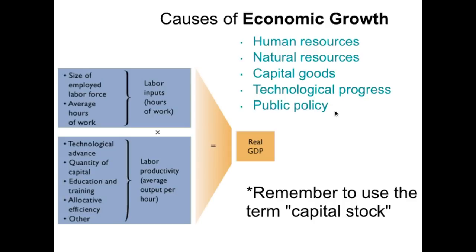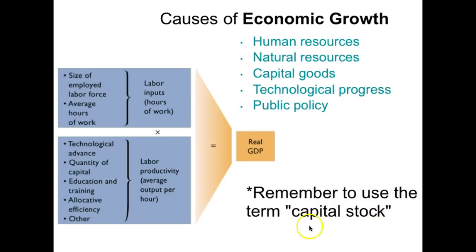One thing to remember on the AP test is when you're talking about economic growth and you're making the connection between, for example, low interest rates and increased investment, and you're making that connection to growth, make sure that you note that the investment is in capital goods and that when a firm is investing, that is adding to the capital stock.